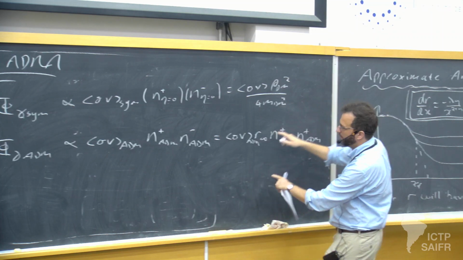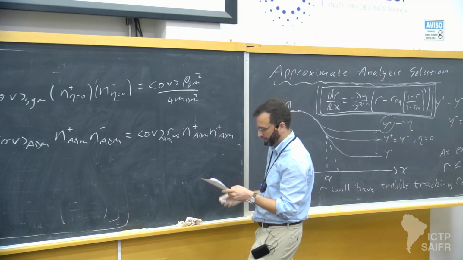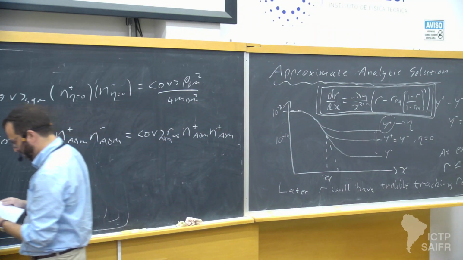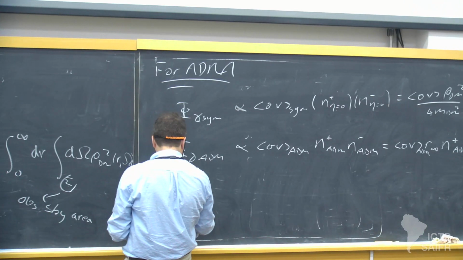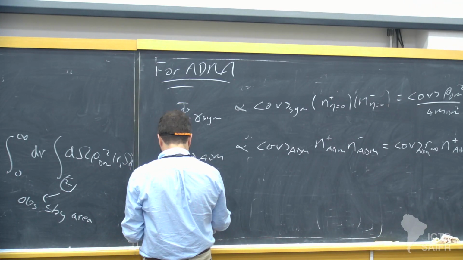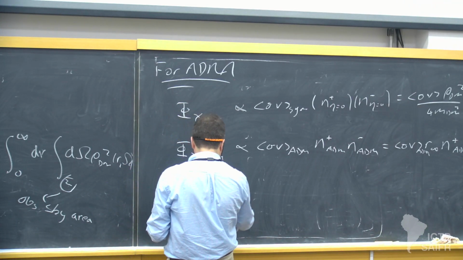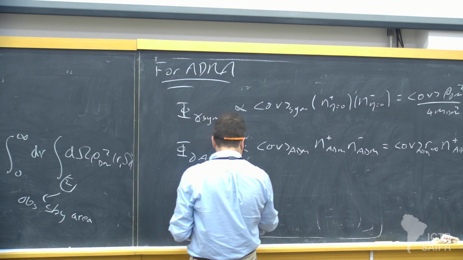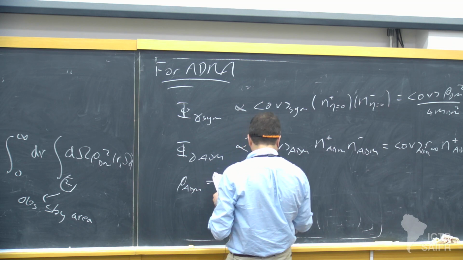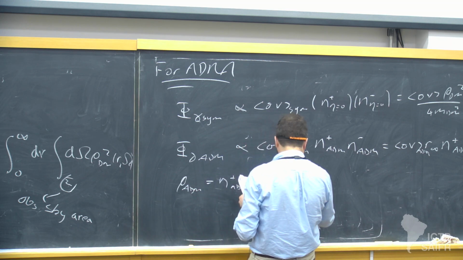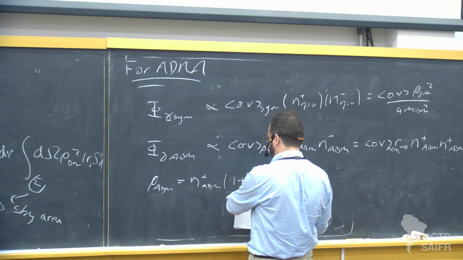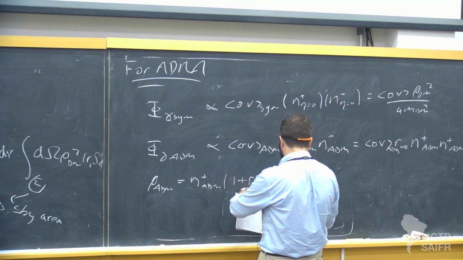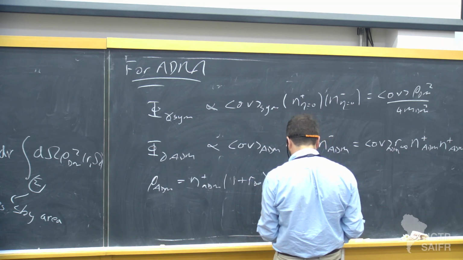So n minus is just r infinity times n plus, and rho asymmetric dark matter is n plus asymmetric dark matter times 1 plus r infinity times m dark matter. This r infinity takes into account any remnant dark matter antiparticles still around.